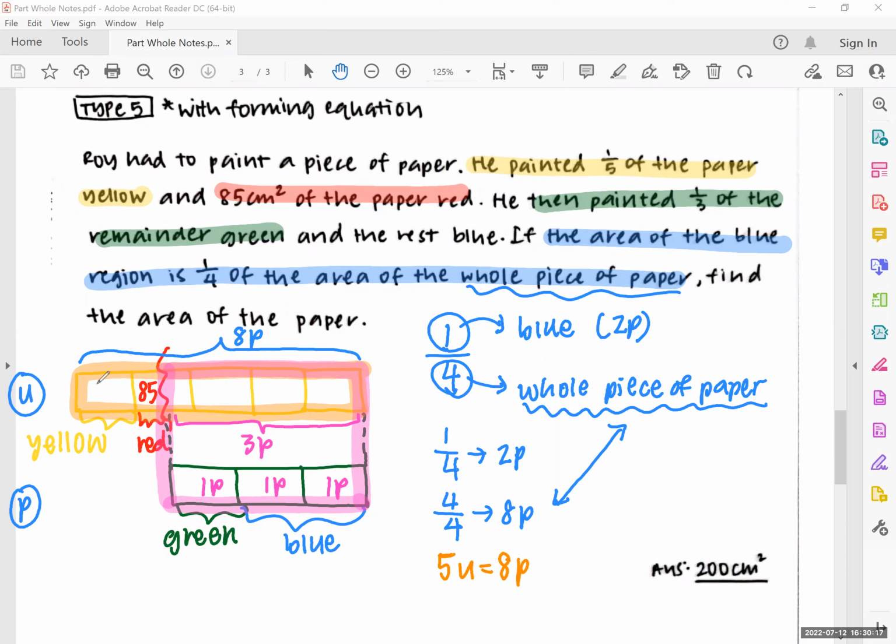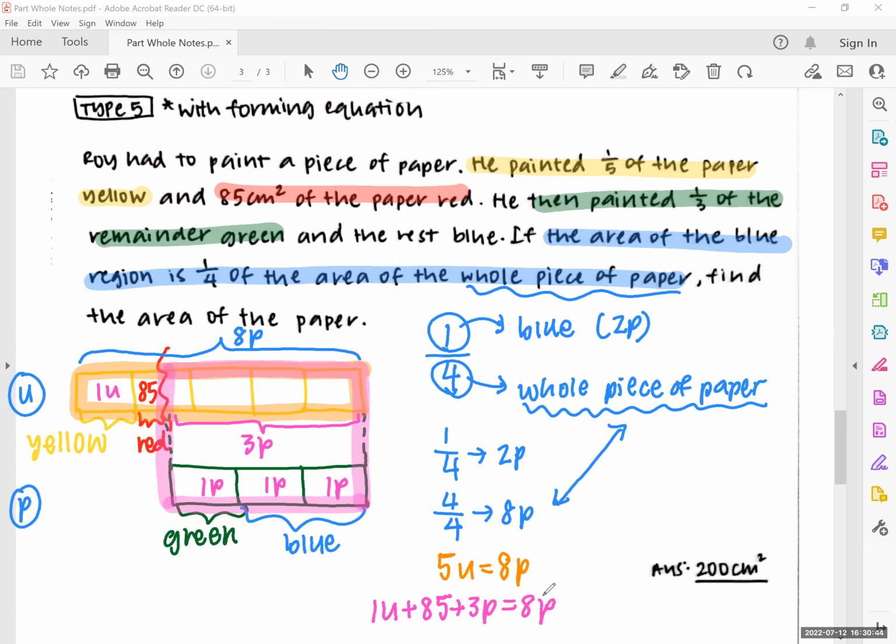Yes, not 1 part, 1 unit. So what does that mean? It means that if I look at here, I know that 1 unit plus 85 plus the 3 parts is equal to what? 8 parts. Correct? Okay.